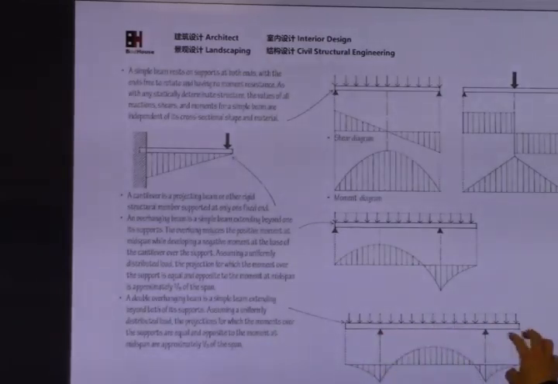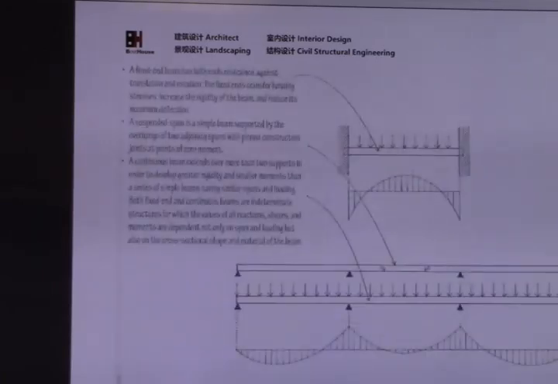Here, for example, it looks like a bridge, right? They have the dead load and supports here. So they have load and a distributed moment. Another thing is the continuous beam, which has its moment diagram. It's just some information.